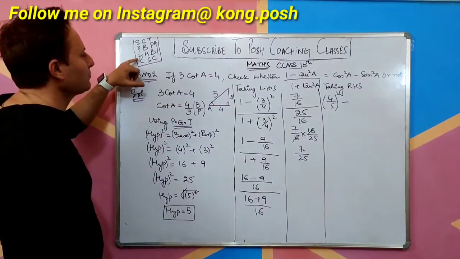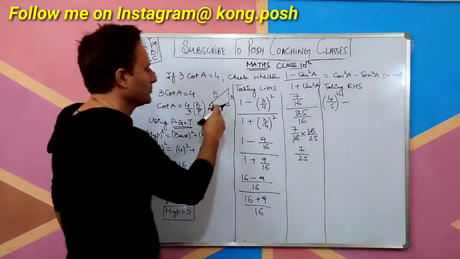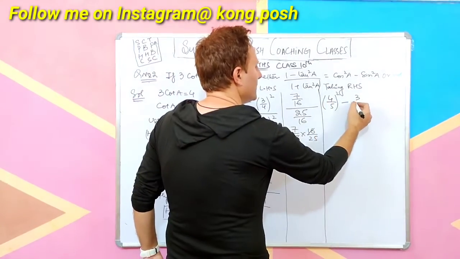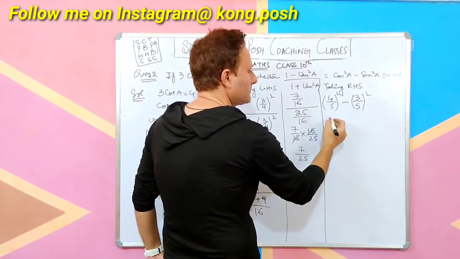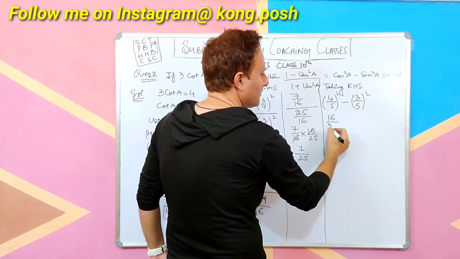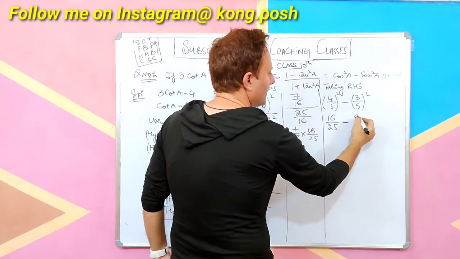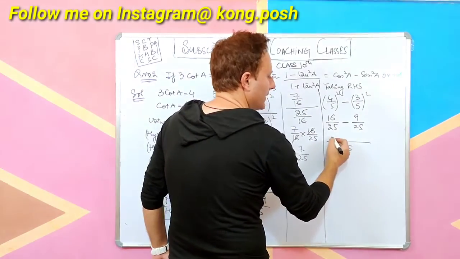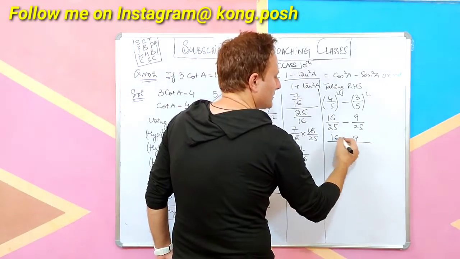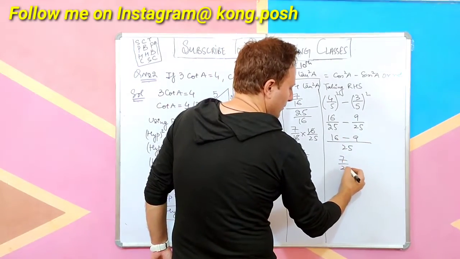Sine is perpendicular upon hypotenuse. So perpendicular is 3 and hypotenuse is 5 square. This becomes 16 upon 25, 9 upon 25. We'll take the LCM 25. 16 minus 9, that is 7 upon 25.